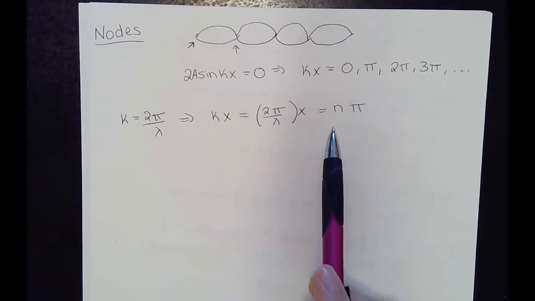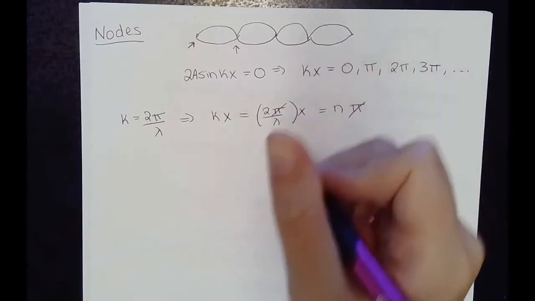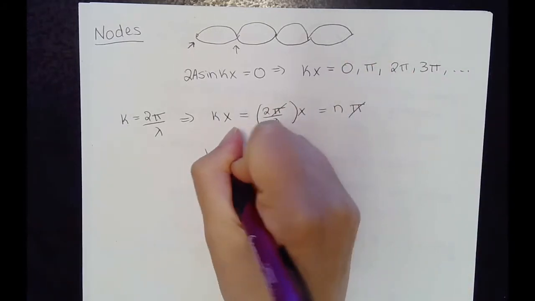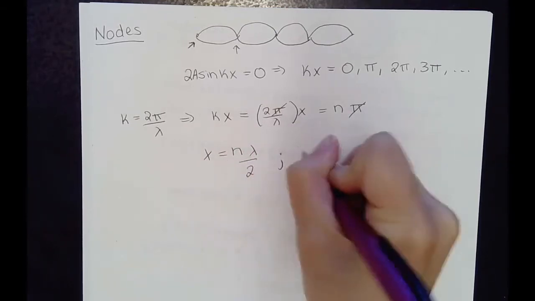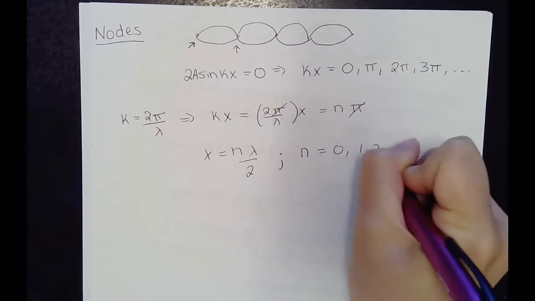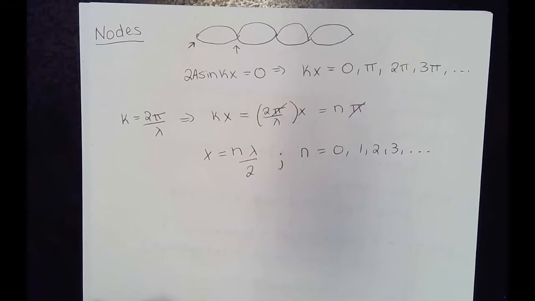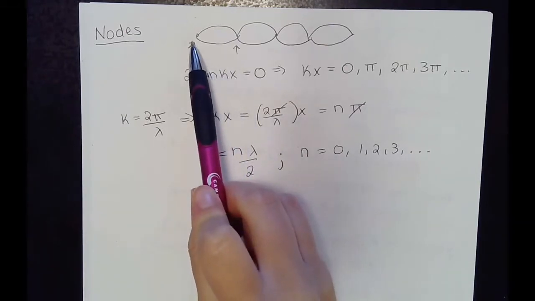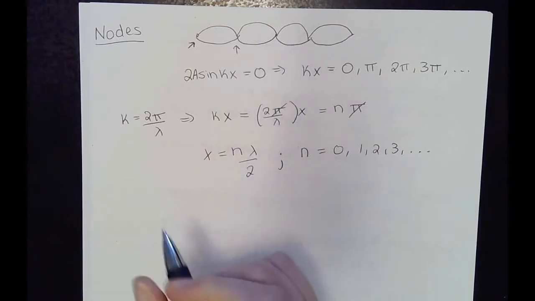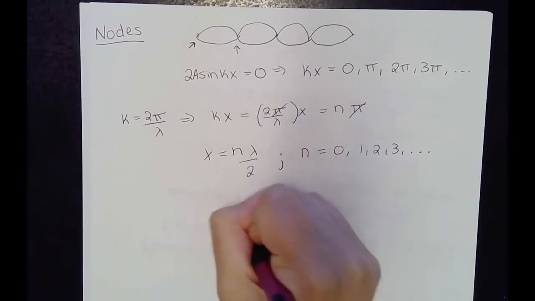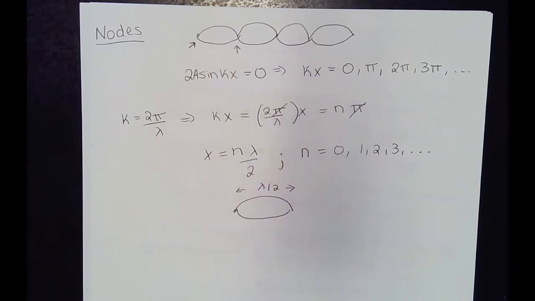Pi will cancel on either side, and then we end up with x equals n lambda over 2, and n equals 0, 1, 2, 3, and so on. So we have these nodes occurring starting from 0 here at multiples of half a wavelength. What this means is that the spacing between two adjacent nodes is half of the wavelength.